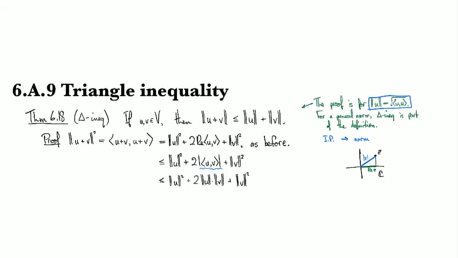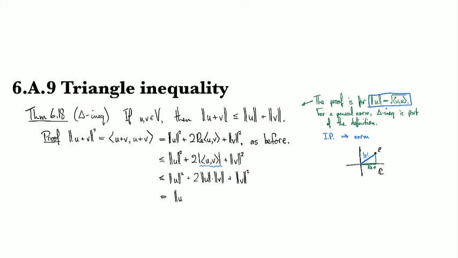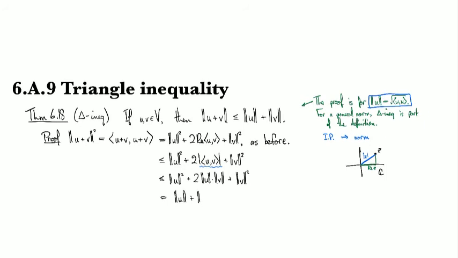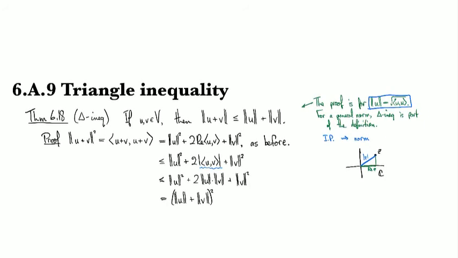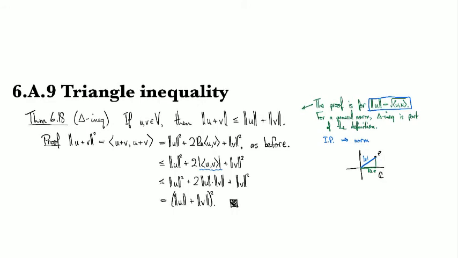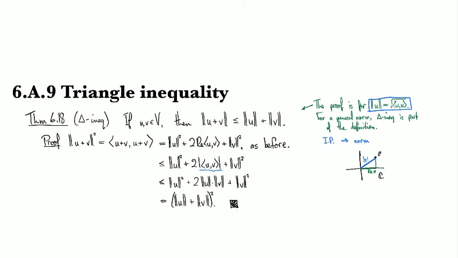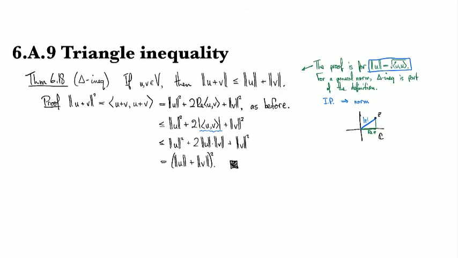And then this thing is the foiled out version of the sum of the magnitudes squared. And so now you just need to take square roots of both sides and you get the triangle inequality. The end. All right. So once again, it's interesting to notice when do these things coincide?